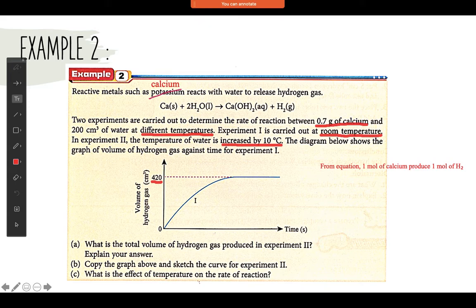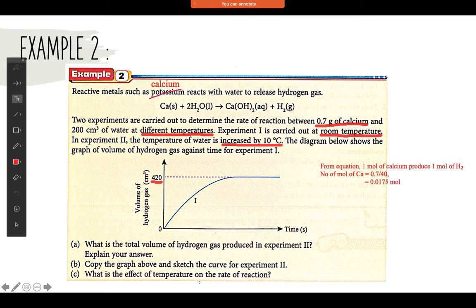Okay, next. Now we want to find the number of moles of calcium because we have the information 0.7 as the mass. So put in mass 0.7 divided by molar mass. For calcium, if you look at the back of your textbook, relative atomic mass for calcium is 40. So you will get 0.7 divided by 40 is 0.0175 mole.